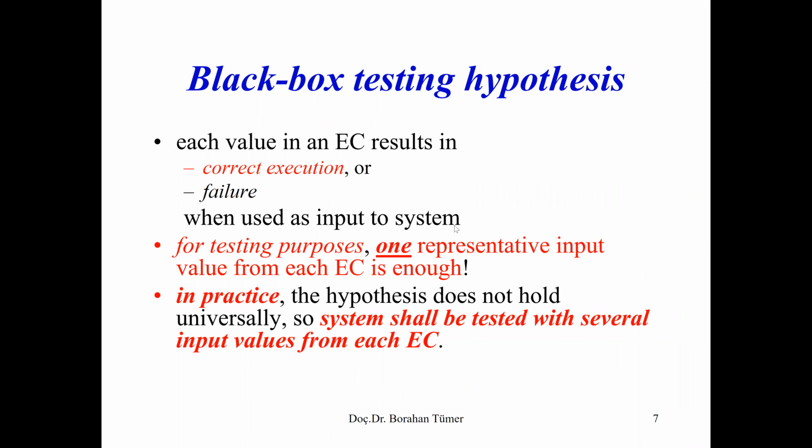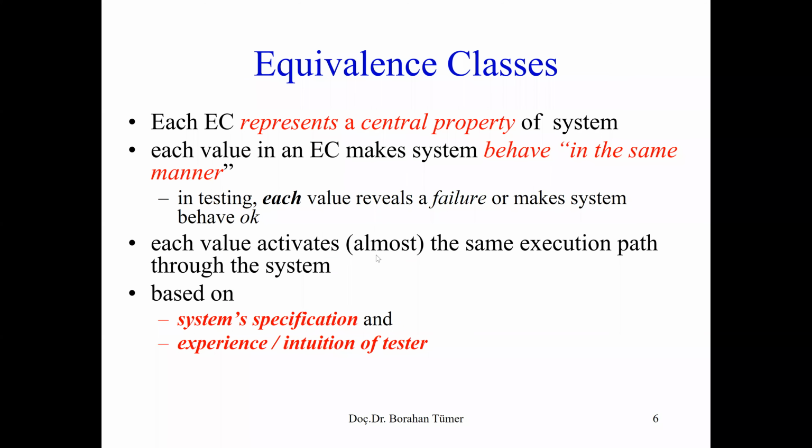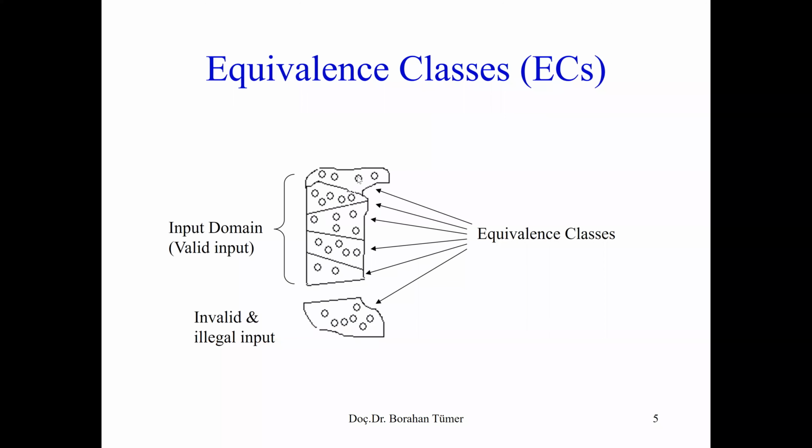So that implies that for testing purposes, one representative input value from each equivalence class should be enough. What did we say about equivalence classes? That each of these points, when presented to the system, makes the system behave in the same manner.